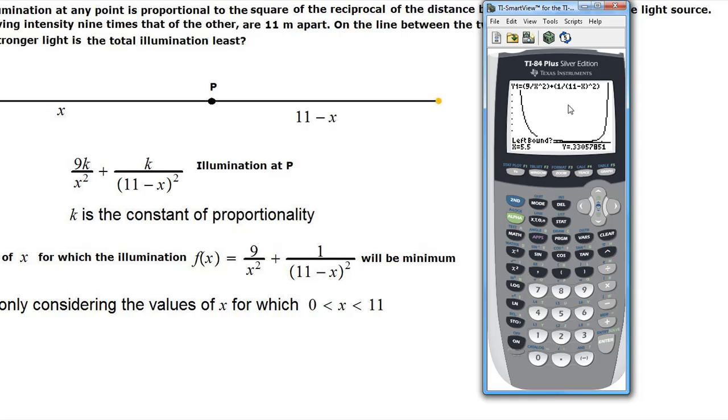Of course the minimum is somewhere here. We'll say for the left endpoint 5.5 is okay, and for the right endpoint we can just take it to the right, and I think we are right enough here.